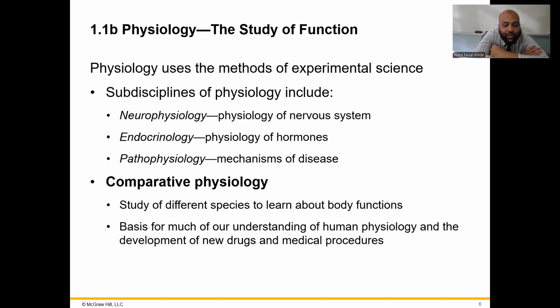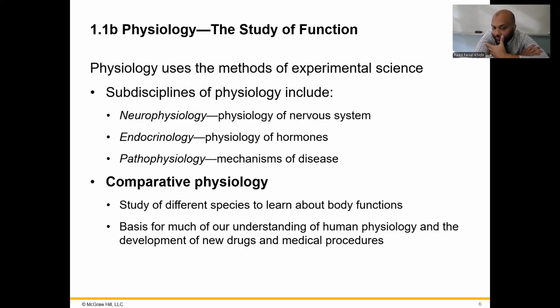Comparative physiology. Comparative physiology is the study of different species to learn about the body function. So we study how the monkeys are different from us, whether or not we can use them as models for scientific experiments.